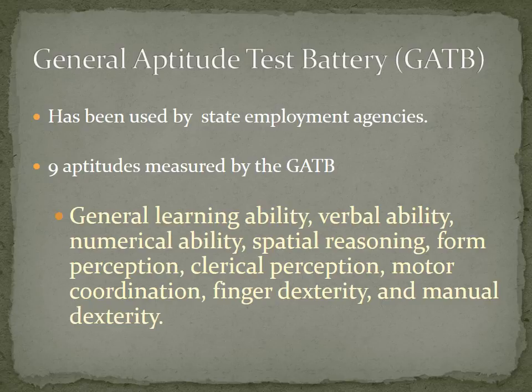In fact, it was developed by the U.S. Employment Service and has been used since 1947. It measures 9 distinct aptitudes using 12 separate scales, 8 paper and pencil scales, and then I believe 4 verbal scales.